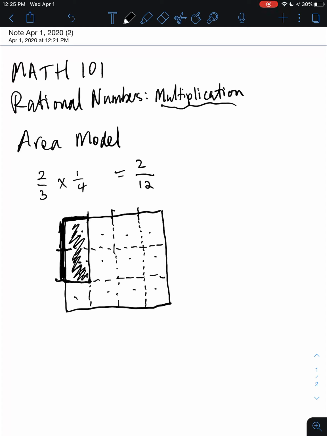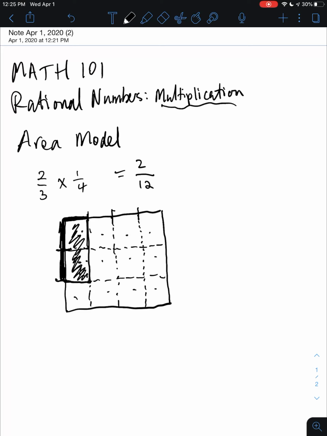Now, we don't want to have to draw a picture like this every time we multiply fractions. So let's try to figure out how we can do this a little more rapidly. How many of these rectangular regions are there?